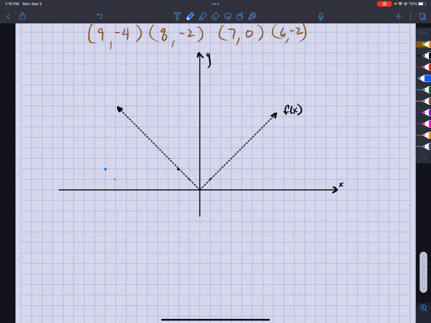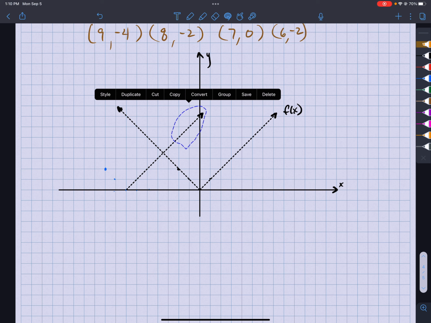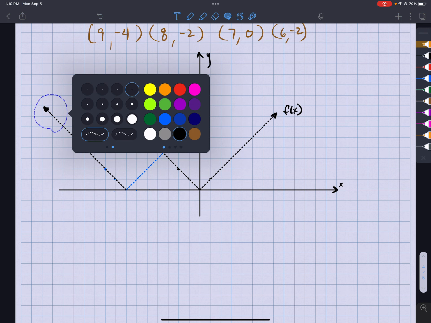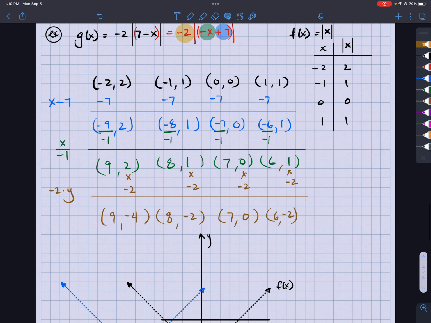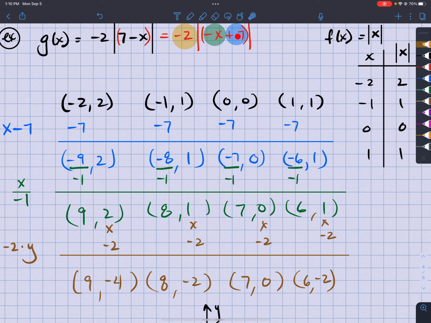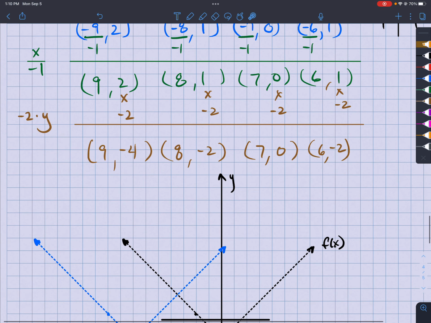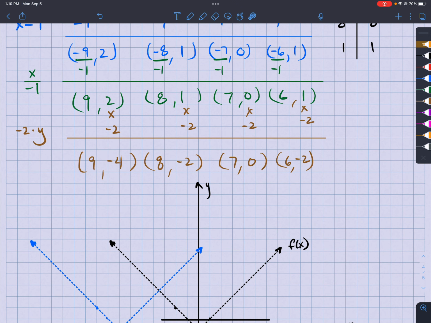So in other words, this right here would now be the blue, and this right here. So what happened with that +7? It affects the x value, so it's shifted left 7. Even though this says +7, it's opposite, so it's shifted left 7. That's not the final answer, that's just an intermediate answer.